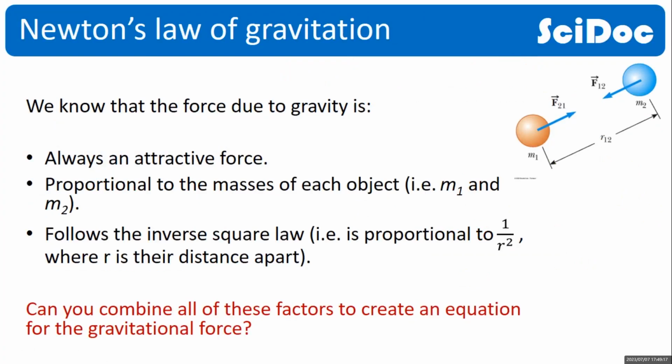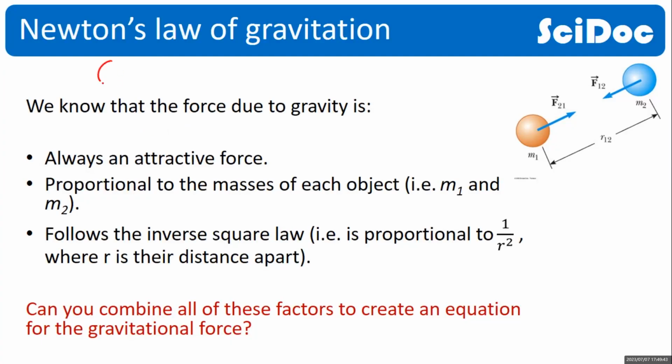Now, talking about Newton's law of gravitation. As we were talking about two masses which are placed at a distance from each other, of course they are not going to experience a force equal to W equals mg or F equals mg, because there's a distance between them. They are not sitting on the surface of the earth. So how can we calculate the force for two masses which are at a distance from each other?